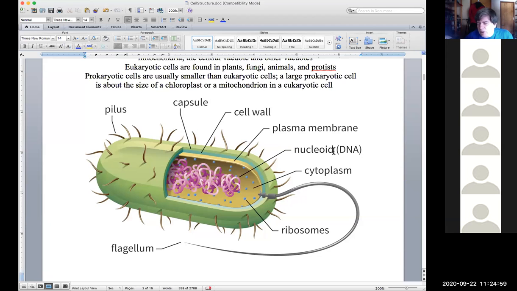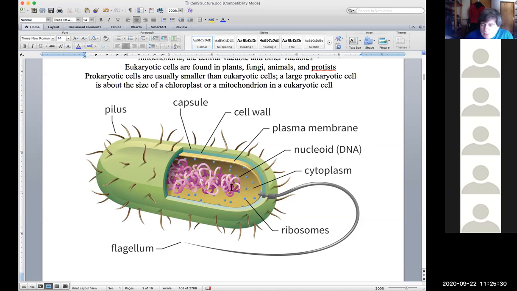So this is similar to the nucleus. It's not a nucleus. We'll see later that the nucleus has a different structure, but it's similar to a nucleus. Now the reason it's similar to the nucleus is this is where most of the DNA in the cell is. And the DNA is organized into chromosomes. Now, prokaryotic cells only have one chromosome.